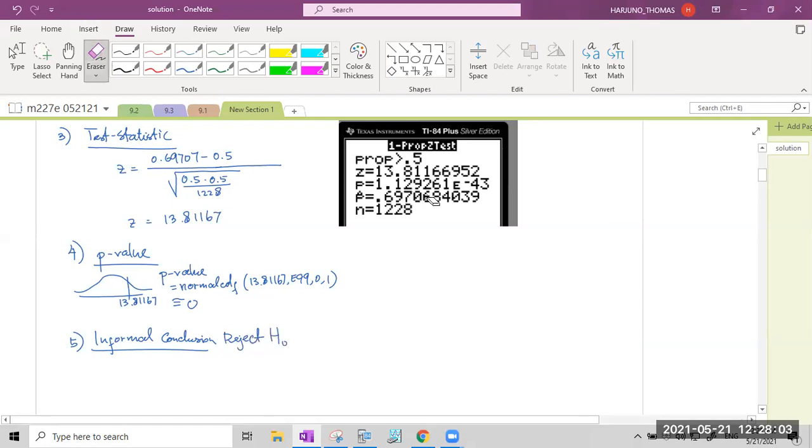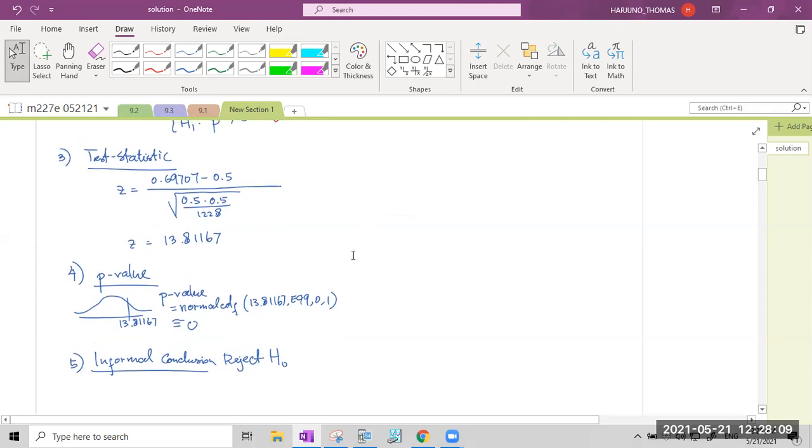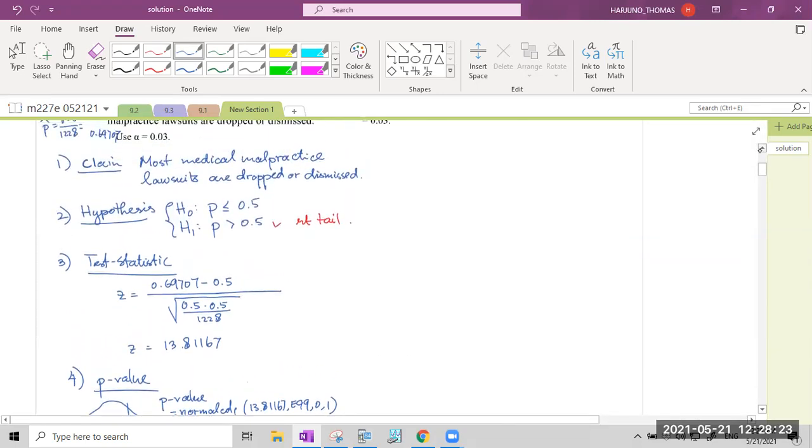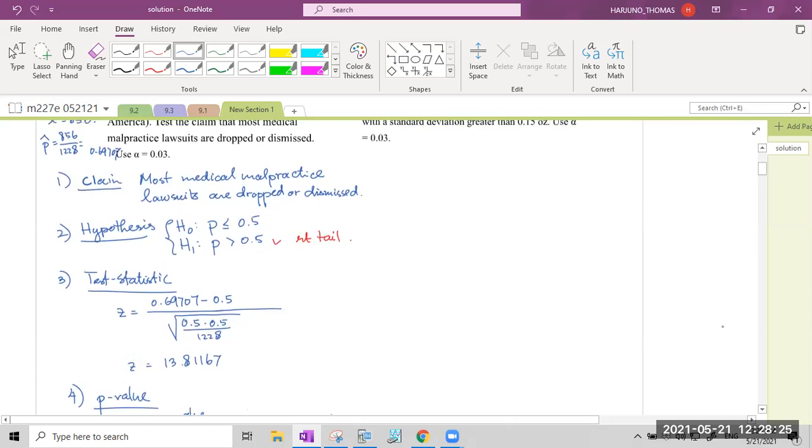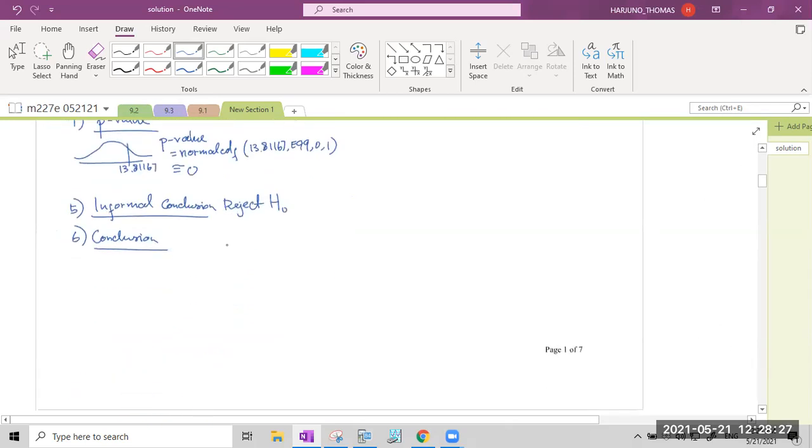Okay, I'm actually done with this. I don't need this anymore. And then step 6, conclusion. Thomas, you don't even know your alpha. Well, because my p-value is 0, I will reject null hypothesis at any alpha basically.